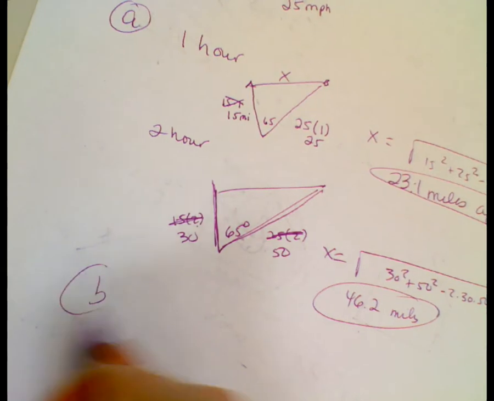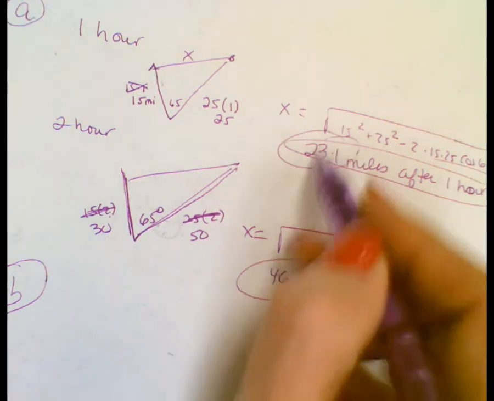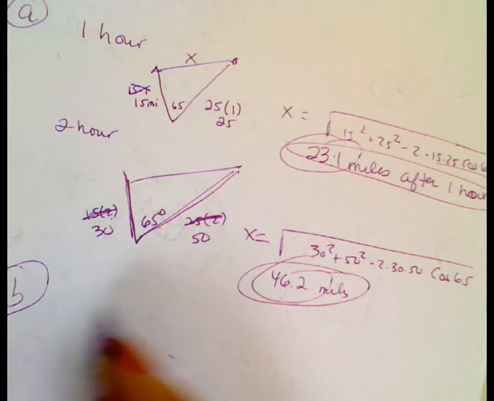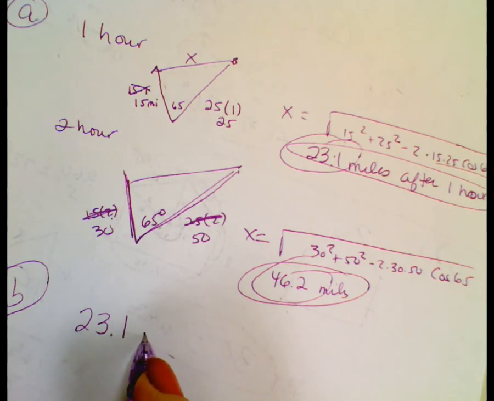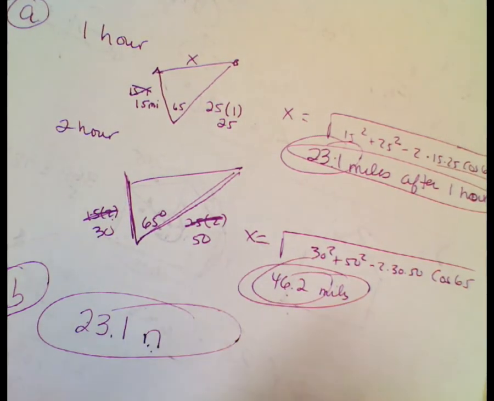B. Without using the law of cosines, predict how far apart the boats would be after n hours if they maintain their respective speeds and directions. Explain your reasoning. I think that since this doubled after 2 hours, it would be 23.1 times n. So 2 hours we did this, 3 hours you just times it by 3, 4 hours.